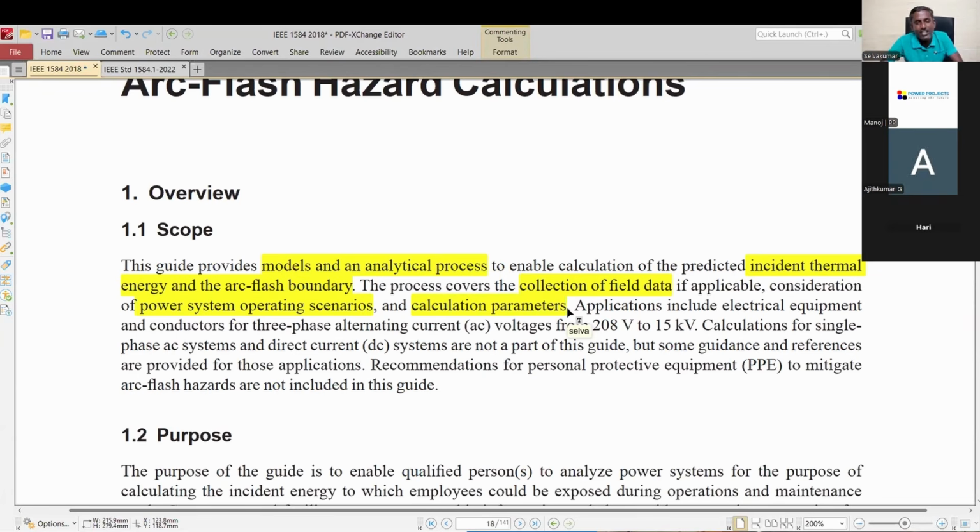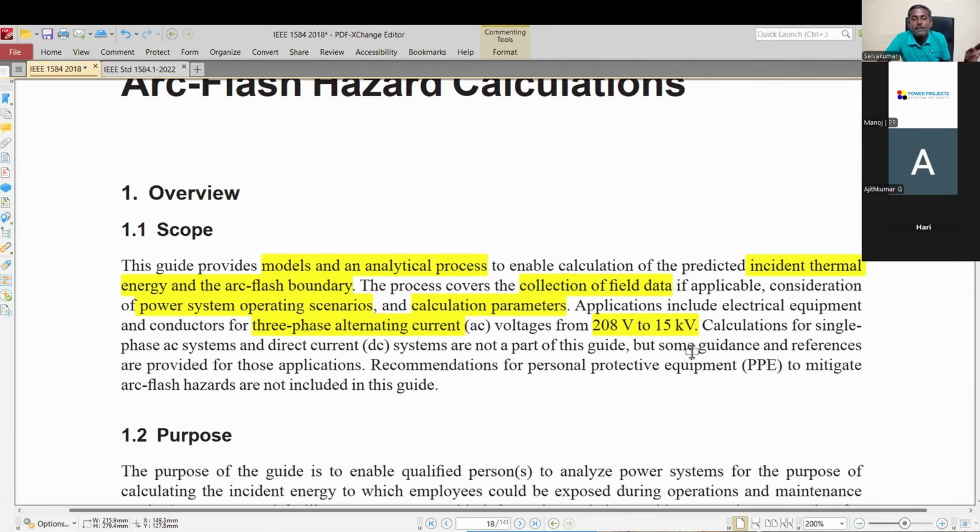But we need to understand the limitation of the standard. This is applicable only for three-phase alternating current. It is not applicable for single phase. It is not applicable for DC. IEEE 1584 is applicable only for a three-phase AC system from 208 volt to 15 kV.